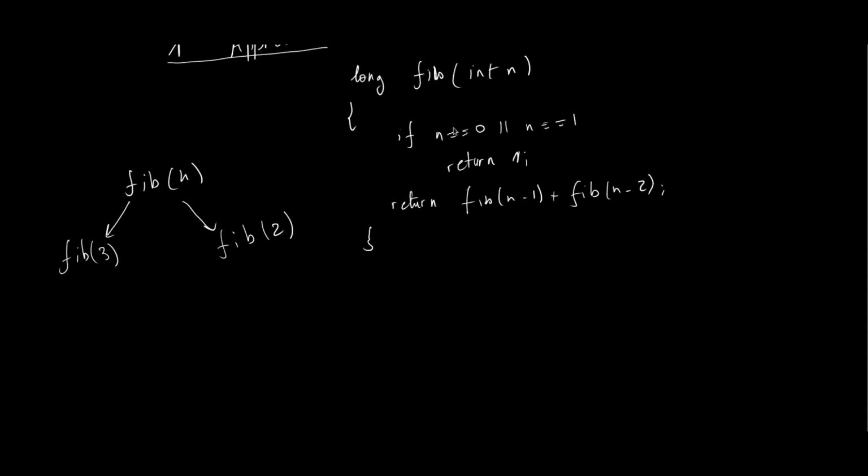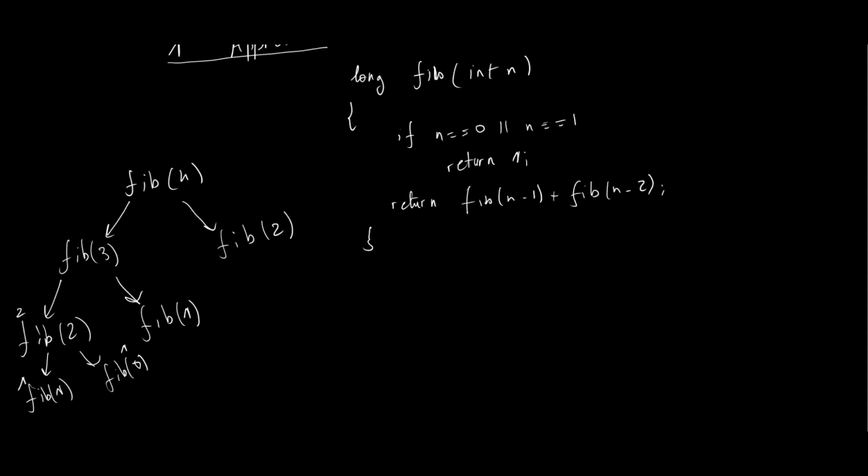Now we are inside fib of 3, so this check does not happen again, so we need to calculate fib of 2 and fib of 1 this time. And again, now we will be inside fib of 2, so we will need to calculate fib of 1 and fib of 0.